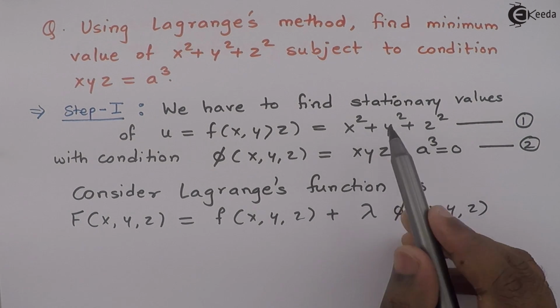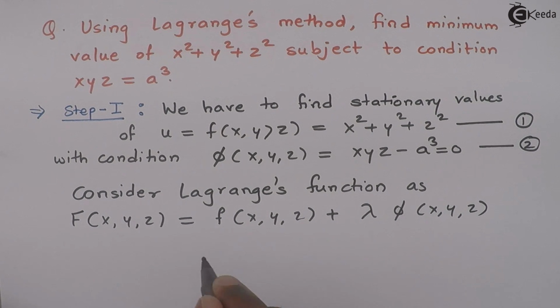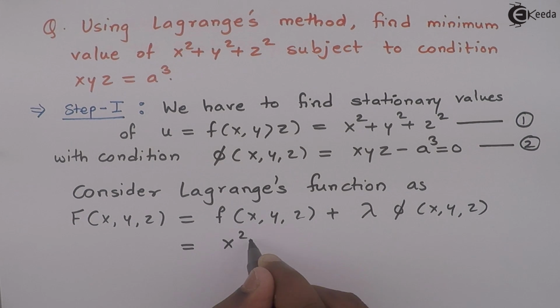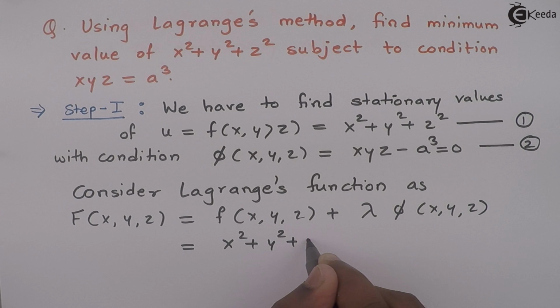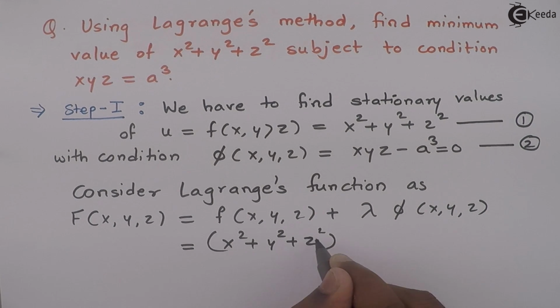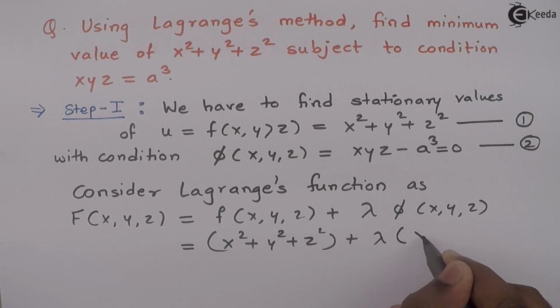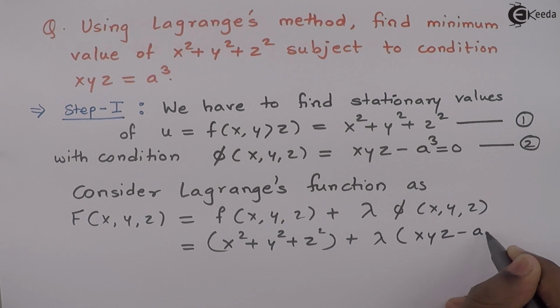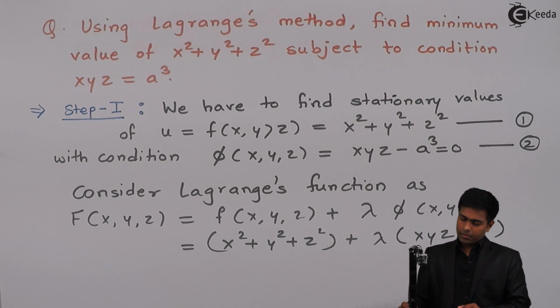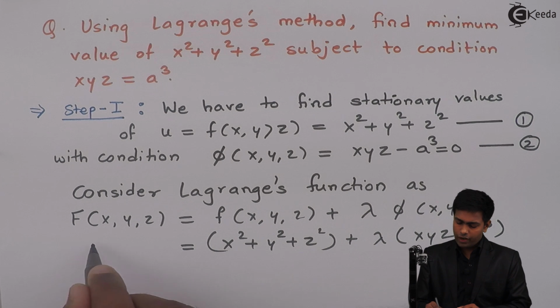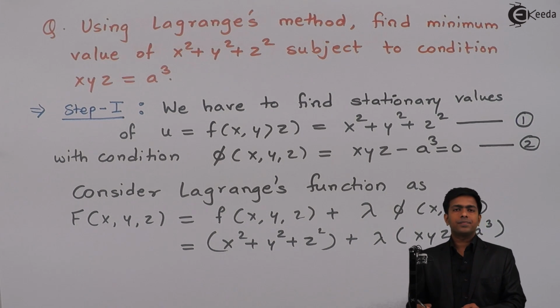So by substituting the values we will get x square plus y square plus z square plus lambda into xyz minus a cube.